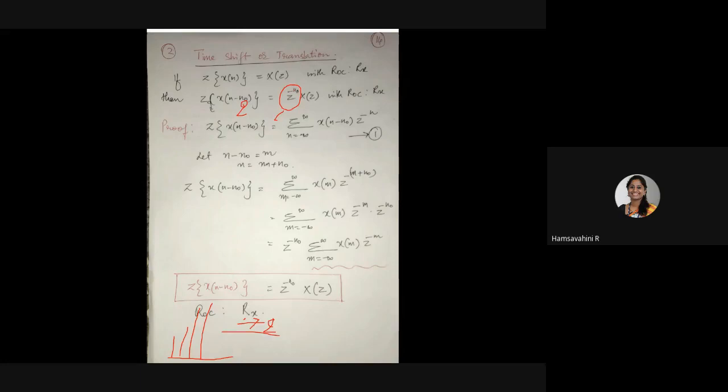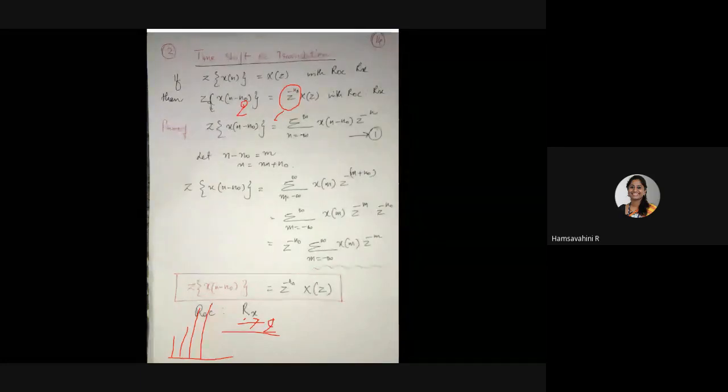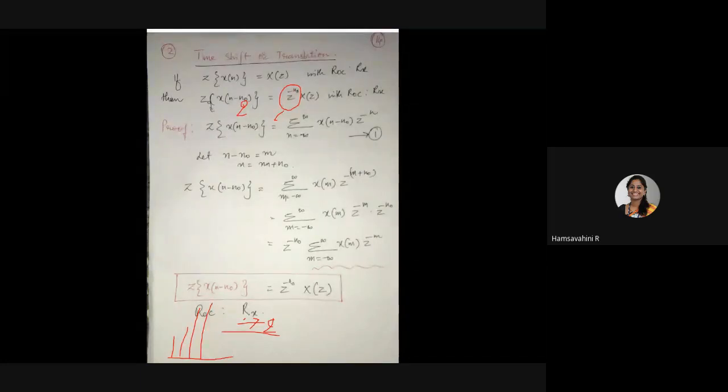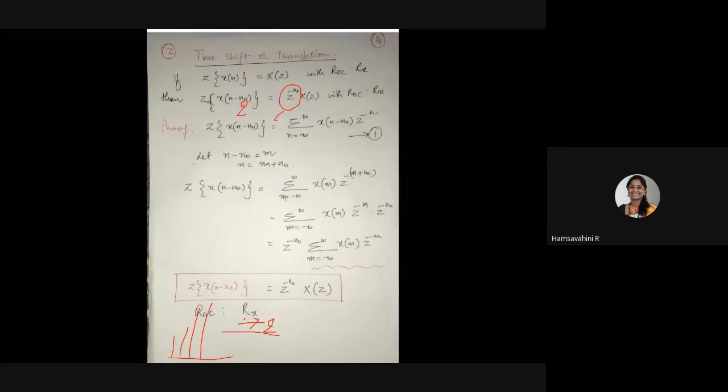What is n naught? It is the number of times you have shifted. So in this case it is 2, so it is z power minus 2 into x of z. You have found x of z for this. Just multiply with z power minus 2 and you will get the Z transform of this signal x of n minus 2.